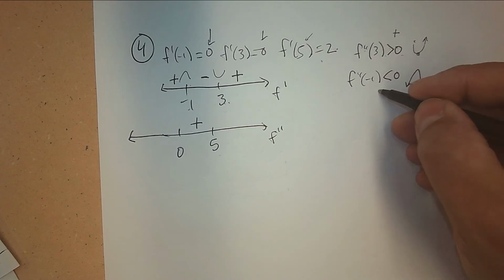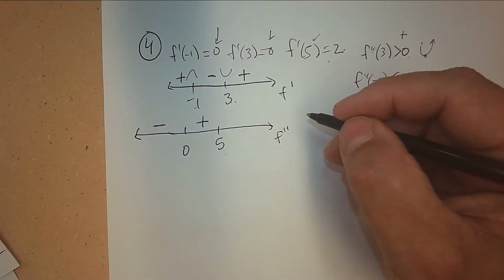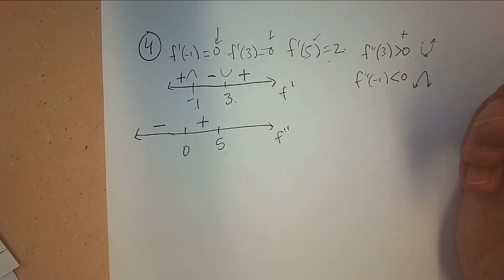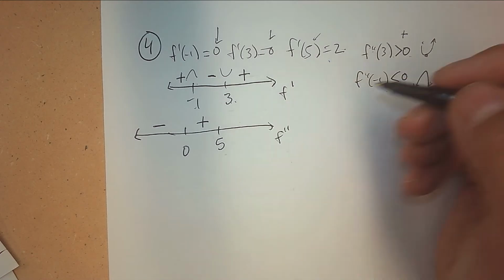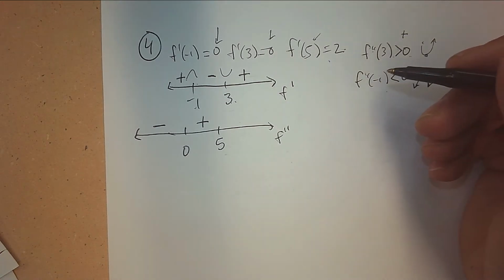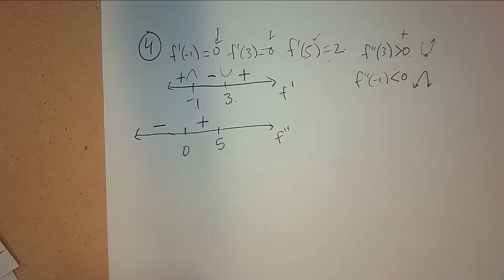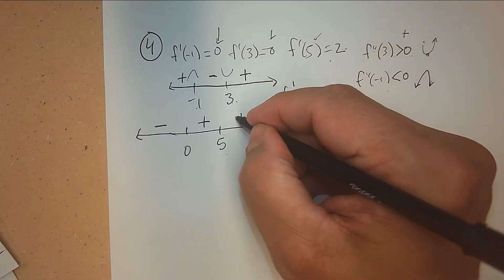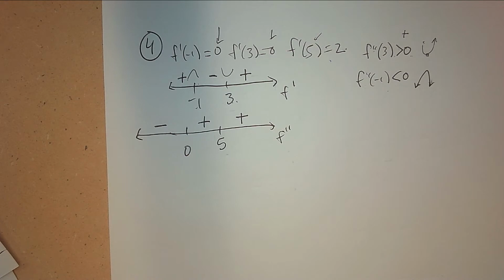It says at -1 it's negative. And then anything past 5, are you given any information about concavity past 5? Whether it's concave up or concave down. So it says the second derivative is greater than 0 when x is greater than 5. So if that's the case, then it's also concave up. Okay.